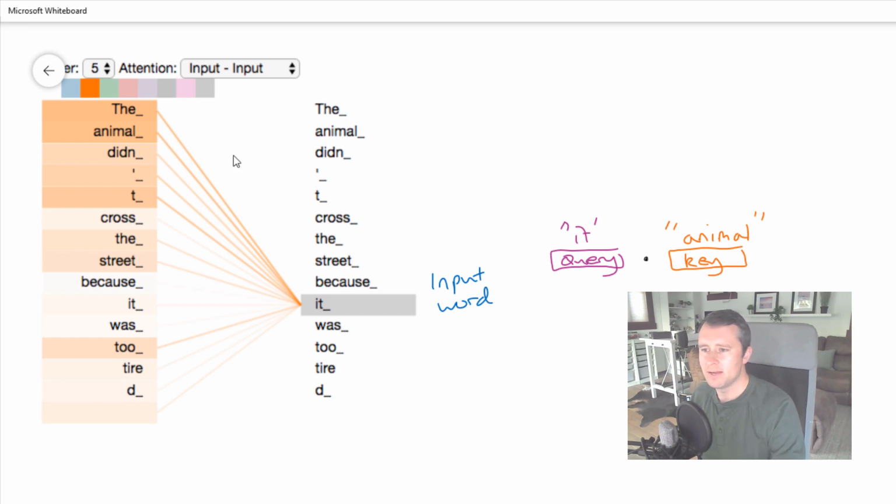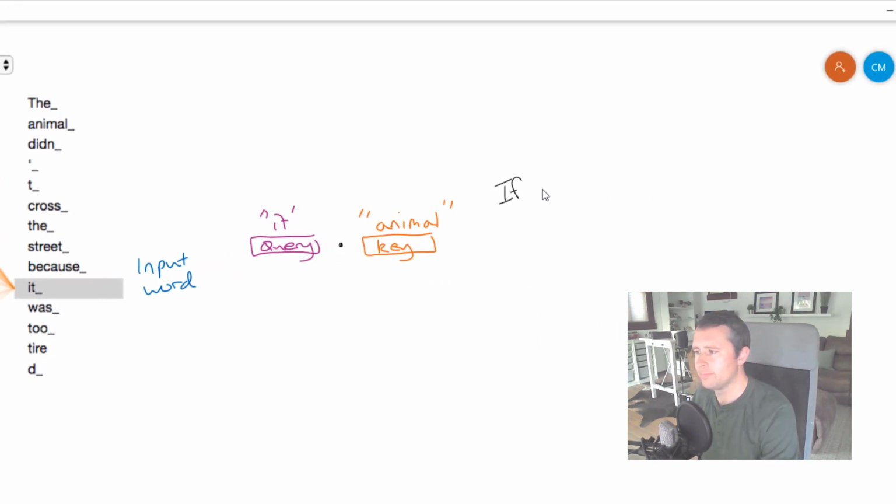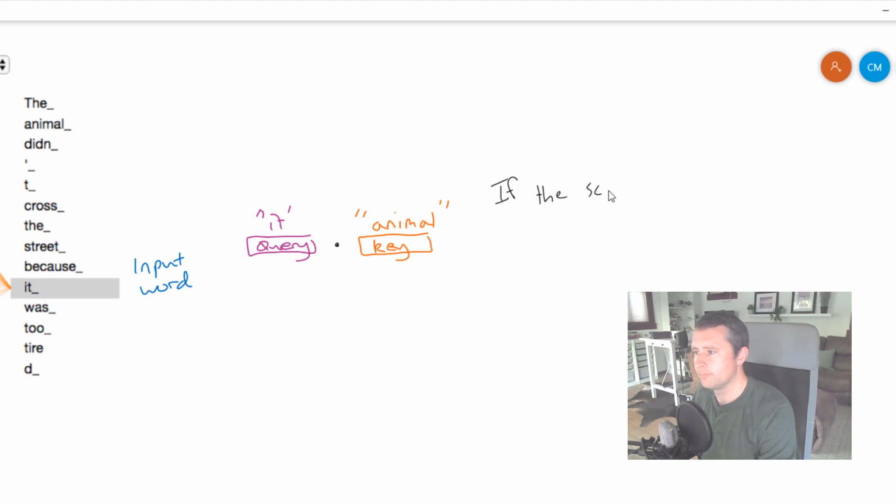But really, if the score for animal is high, then what would have to be true in order for the score to be high? Well, the dot product has to be large, right?